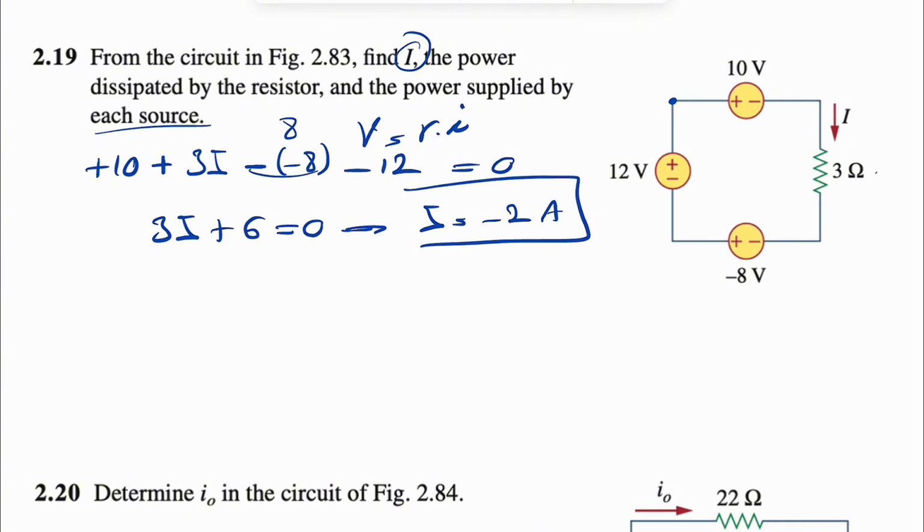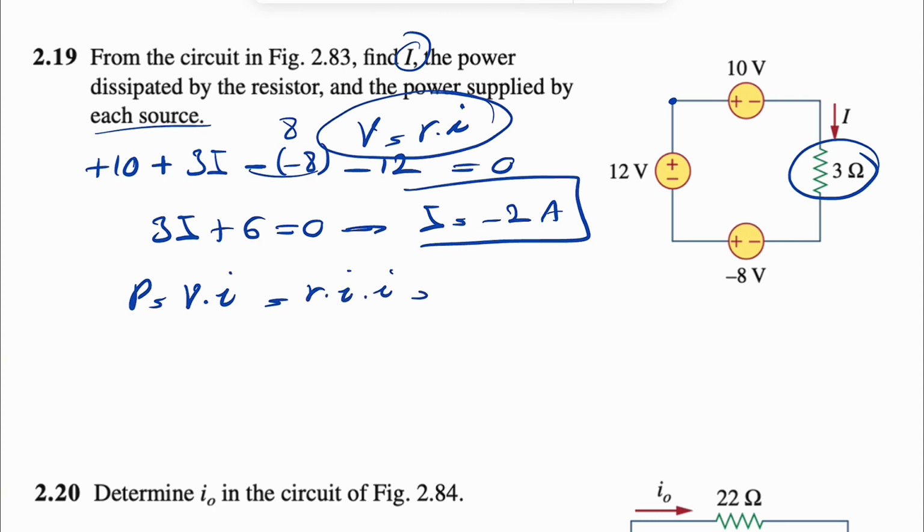All right, so that was the first part of this question, and now we need to figure out the power in each of them. We know that the power is always absorbed by the resistor, and it will dissipate. Basically, the power converts to heat, so it's always positive. So for the resistor, the power is equal to V times I, and as I talked about, V is equal to R times I, so R times I times I, or R I squared.